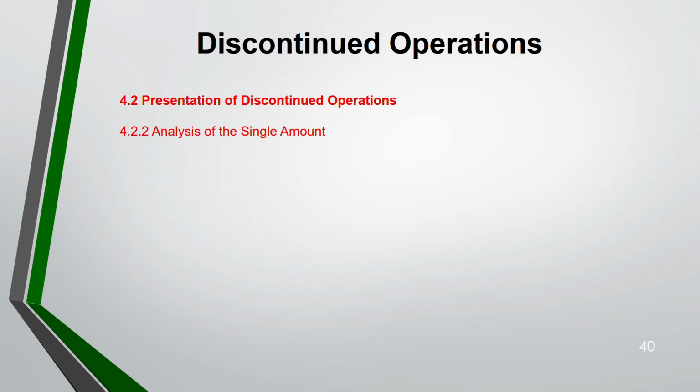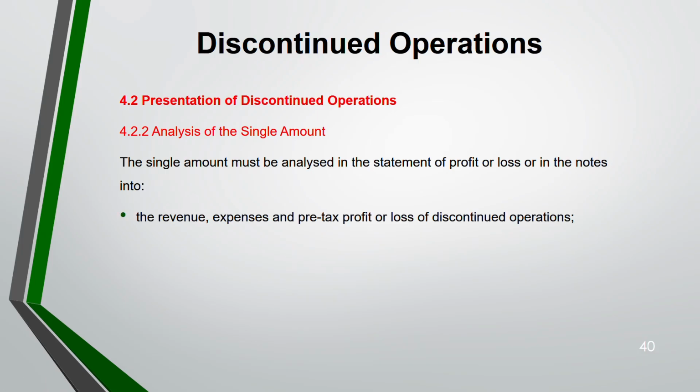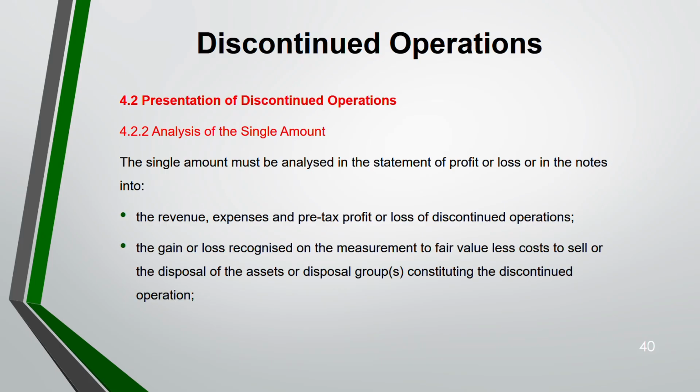Now, analysis of the single amount. The single amount must be analyzed, in the statement of profit or loss or in the notes, into revenue, expenses, pre-tax profit or loss of the discontinued operation, the gain or loss recognized on the measurement to fair value less cost to sell or on disposal of the assets or disposal group, and the related income tax expense for each discontinued operation.